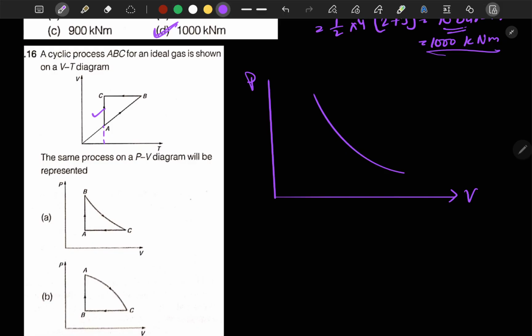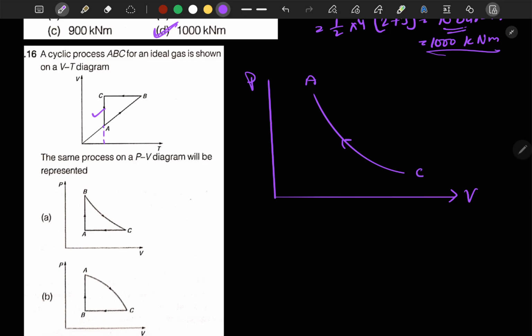Now which point will be A and which point will be C? We can see the volume decreasing, so it should be like this. This is the point A, this is point C.